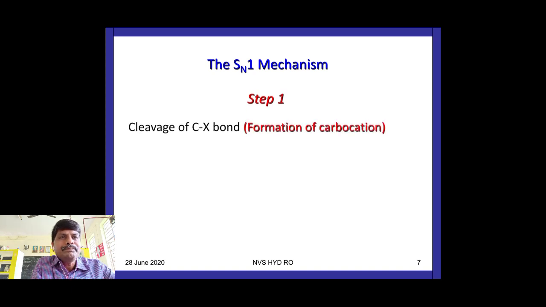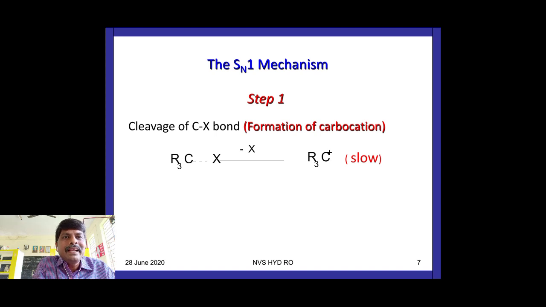SN1 mechanism. Step 1, cleavage of alkyl halide. Cleavage of the CX bond will take place. Take R3CX, a tertiary alkyl halide. Here the CX bond between C and X will break. After breaking this CX bond, the C will get plus and X will get minus. So what is the product? R3C plus.